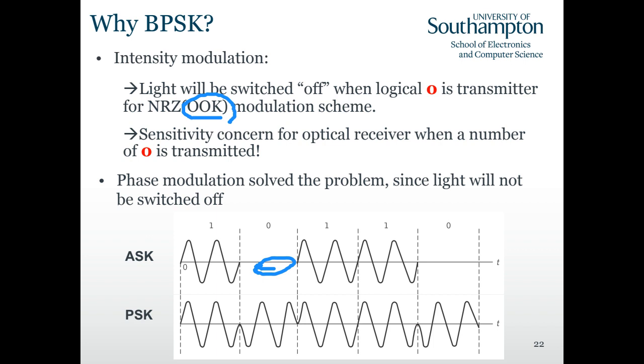However, for coherent detection, we have signal coming in all the time. It's just that when the logical bit changes, the phase changes, but the signal is always on. So it is better for the receiver sensitivity, but the complexity will be higher.